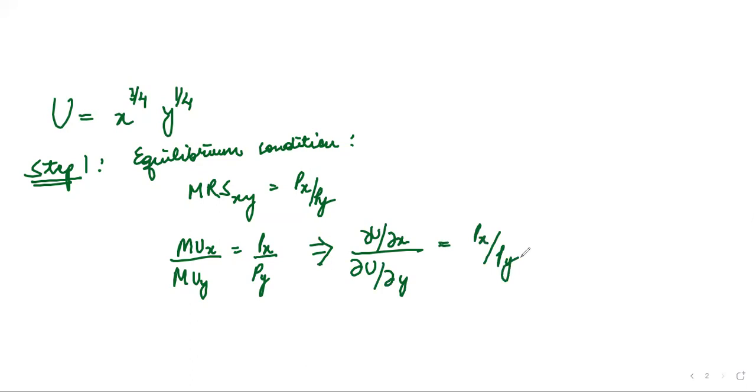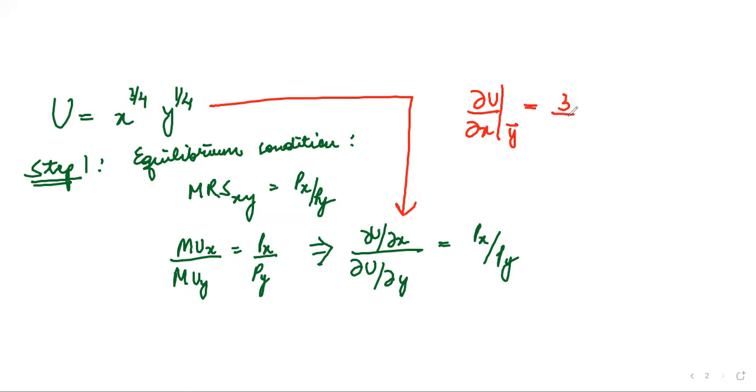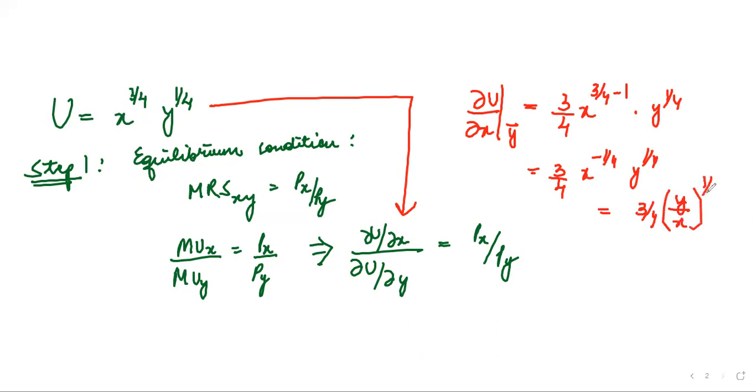Now, how utility changes when good X changes: you differentiate the utility function with respect to X holding Y constant. So we get 3 by 4 X to the power 3 by 4 minus 1 into Y to the power 1 by 4, which is 3 by 4 X to the power minus 1 by 4 Y to the power 1 by 4. This is 3 by 4 into Y by X to the power 1 by 4, because X is in the negative power.